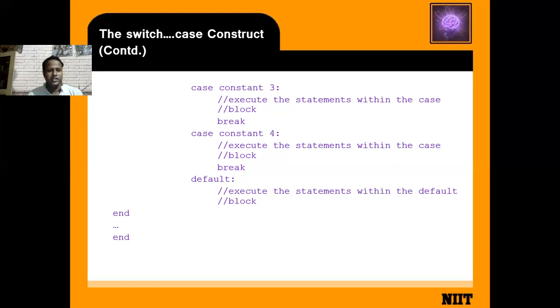Once you got the result in a case statement, the break statement appears, which stops the flow of your execution. The switch case also says that if the value you have taken is not matched with any case statement, then your default statement is executed.